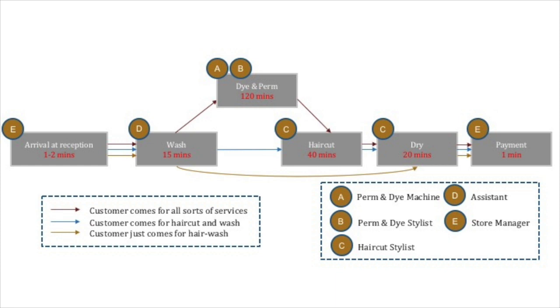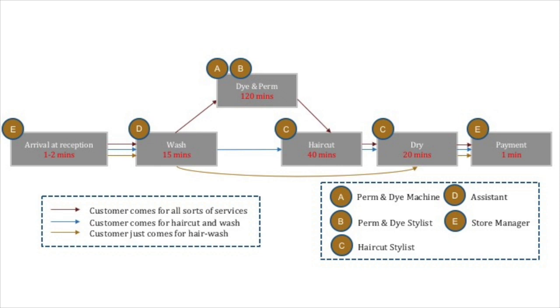I'm also going to talk about the key assumptions we have here. A, B, C, D, and E are the specialists that are responsible for a certain task in the barbershop's process diagram. For the perm and dye machine, we assume that we only have one machine in the barbershop.